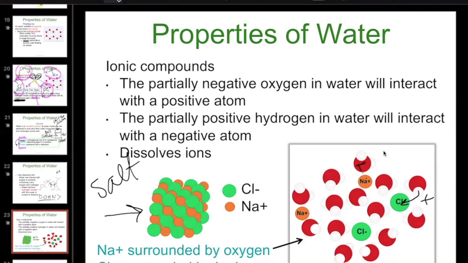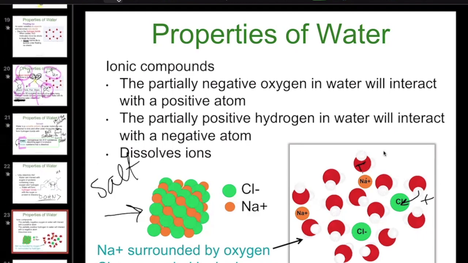And so once they start forming these hydrogen bonds, they start breaking apart and dissolving all of the sodium and chlorine from each other and creating that solution. So that's basically the process of dissolving something, is having the right polarity, positive and negative, to break apart whatever it is that you're trying to dissolve.